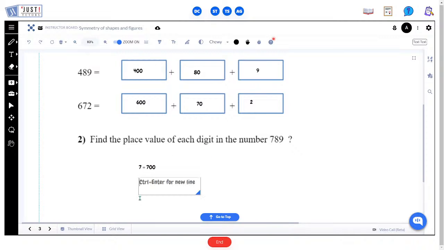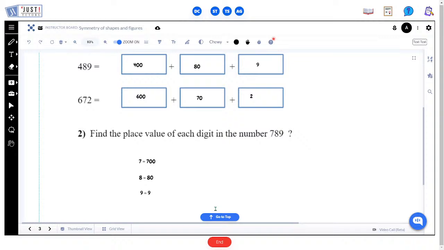The place value of 9 in this number is just a 9. So 7 in the hundreds column, so 700, 8 in the tens column, so 80, and 9 in the ones column, so just a 9.